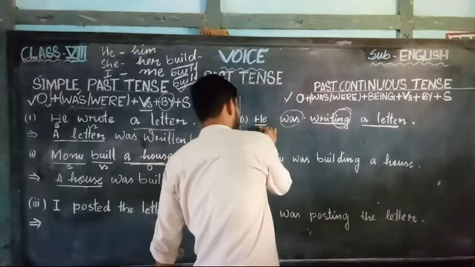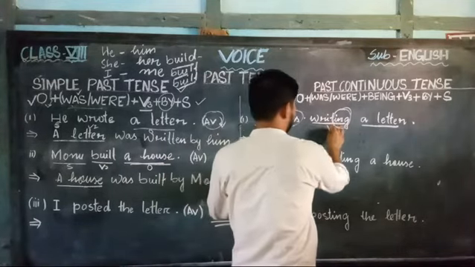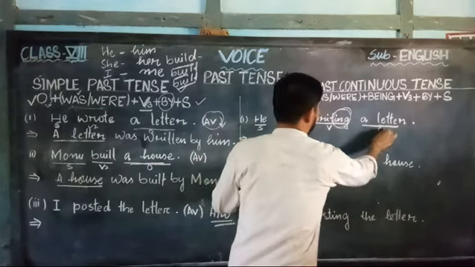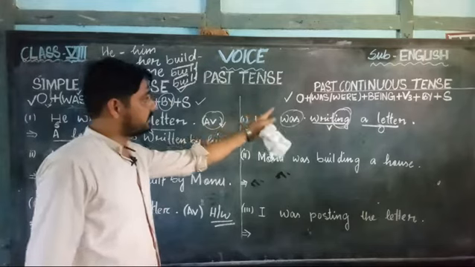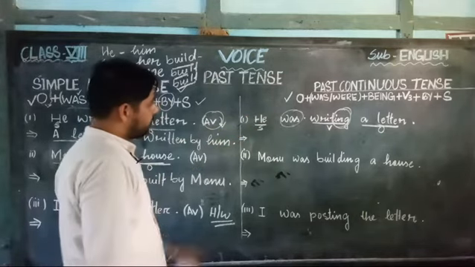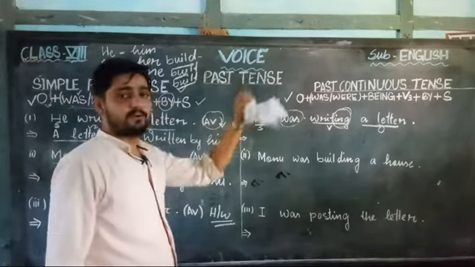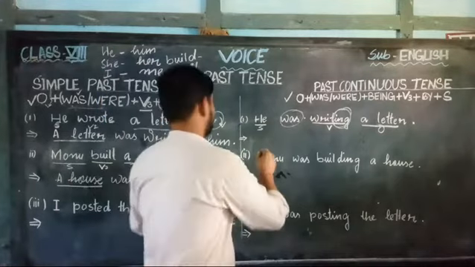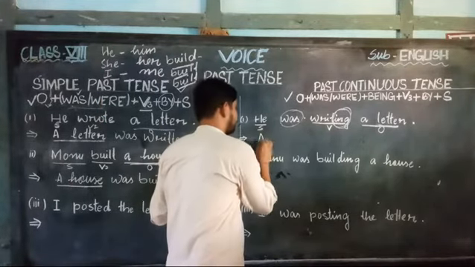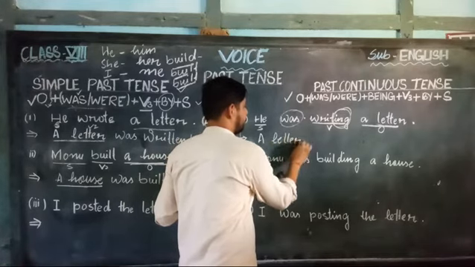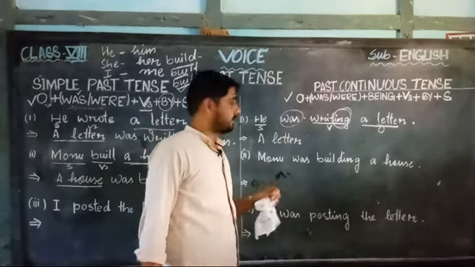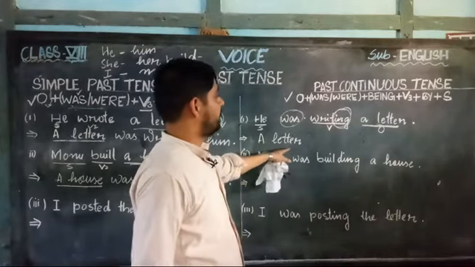So this is the subject, this is the verb, and this is the object. If you use the rule, we will write the object first. And what is the object here? A letter is the object. So we have written a letter.